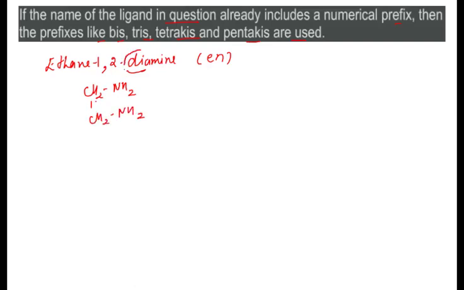So this di term is already used within this didentate ligand. So if its number is more than 1, then we will use bis for this. We will not use di, tri, tetra. Is it clear? So for 3 we will use tris, for 4 we will use tetrakis, for 5 we will use pentakis. So this rule has to be remembered.